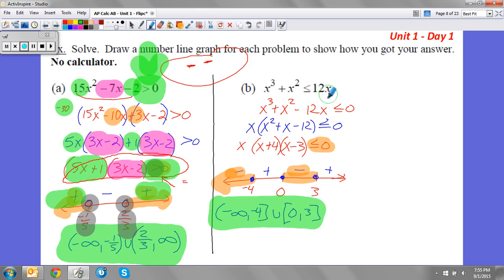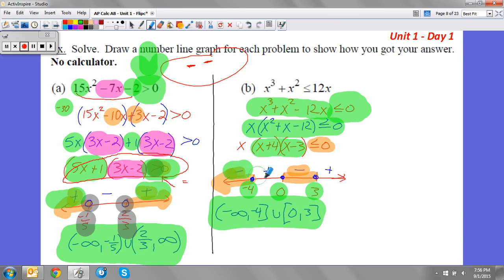Okay, let's go to B. What I did with B is I subtracted 12x from both sides so that I get 0. I GCF'd out an x, and then I factored that trinomial so that I have 0 as a zero of the function. I have negative 4, and then finally I have 3. Just like I did in part A, I would do the sign test so that I can see when this function is less than or equal to 0.